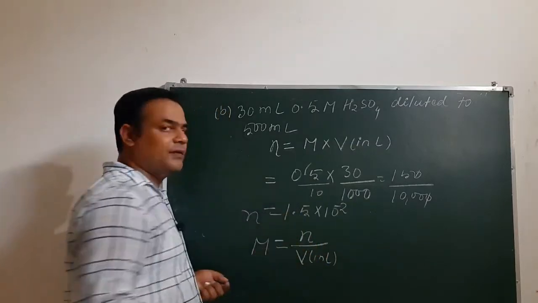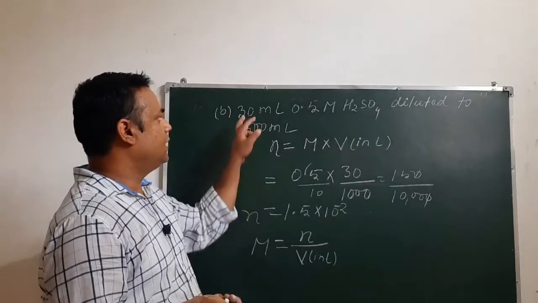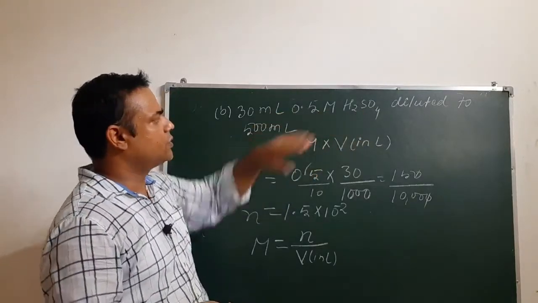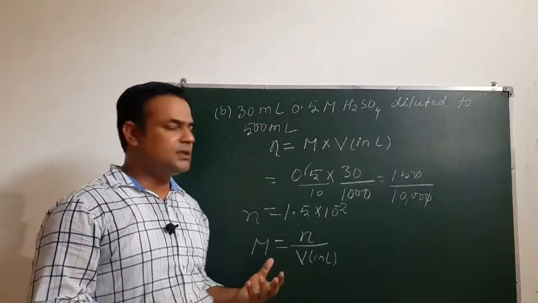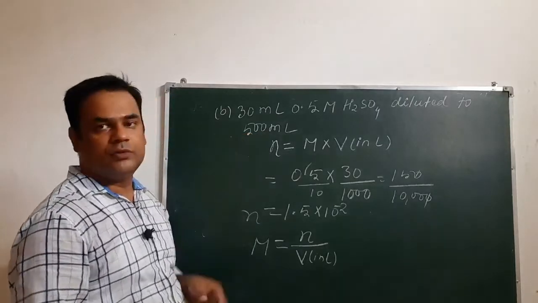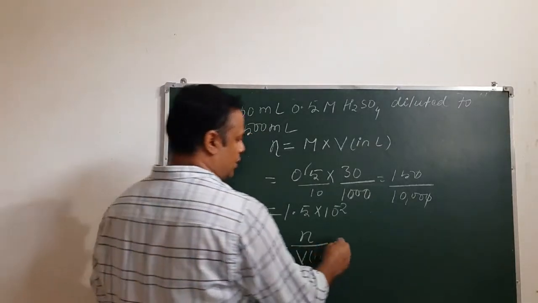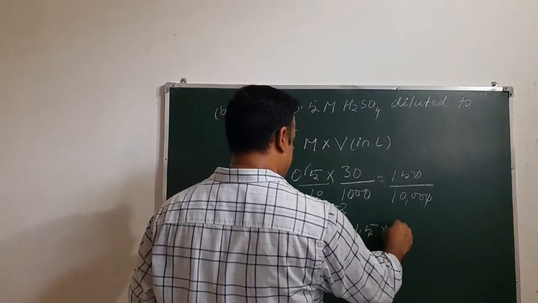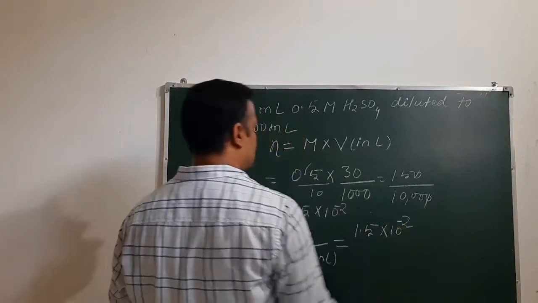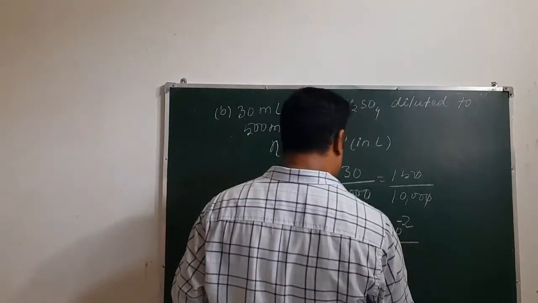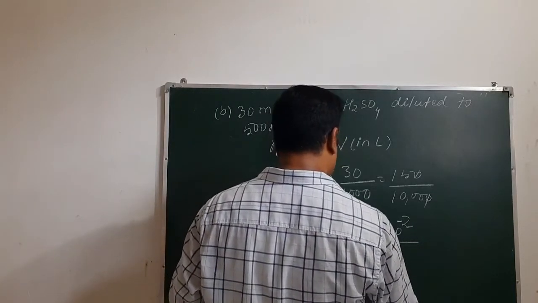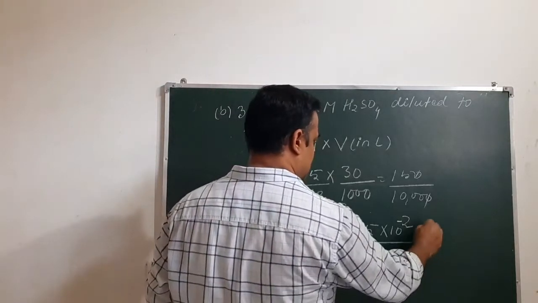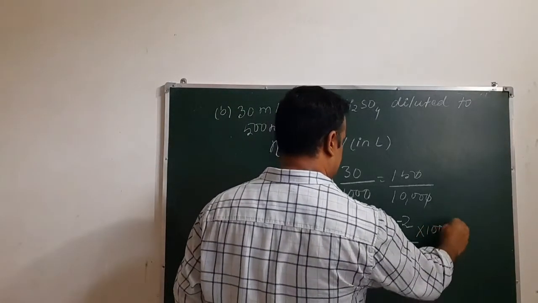When we add water in 30 ml of 0.5 M H2SO4, number of moles of H2SO4 remains unchanged, but the volume of solution increases. Moles remain unchanged, so moles will be 1.5 into 10 to the power minus 2, and total volume of solution is 500 ml. To convert into liter we need to divide by 1000, so here it will come in multiplication 1000.